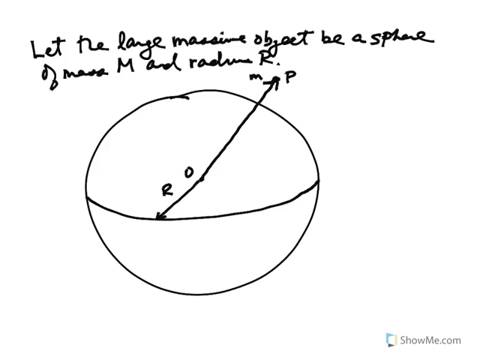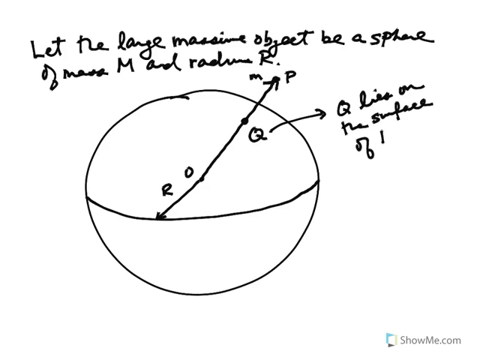So suppose I label a point Q. Q is on the surface of the sphere. So Q lies on the surface of the sphere.